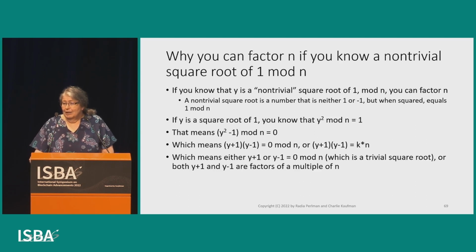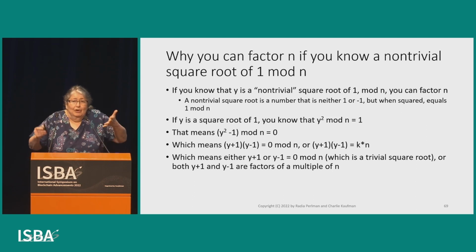And how can that be, that y plus 1 times y minus 1 equals 0 mod n? It can either be where y plus 1 or y minus 1 is 0, in which case it's a trivial square root because it's either 1 or minus 1, or y plus 1 and y minus 1 are factors of some multiple of n.